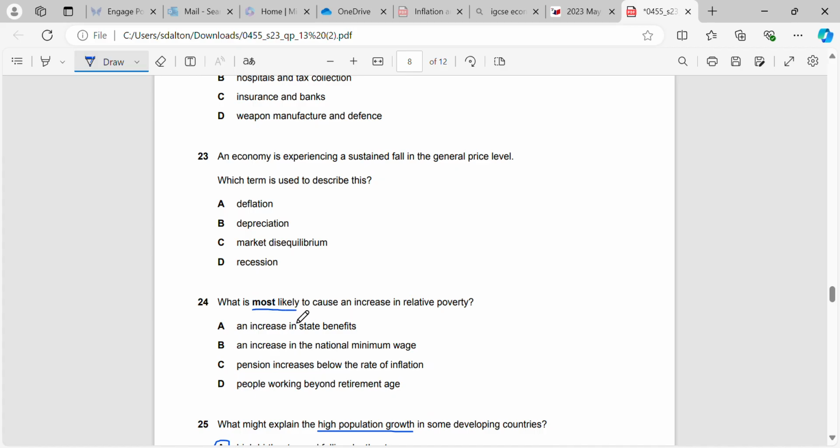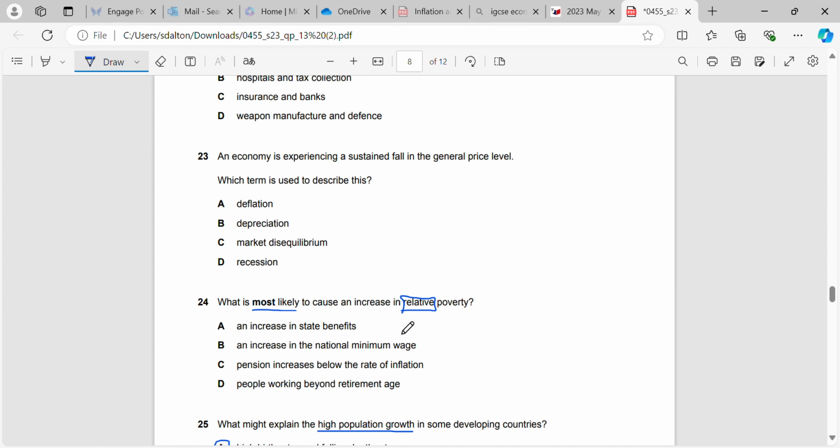Okay, question 24. What is most likely to cause an increase in relative poverty? So remember that relative and absolute poverty are different. Your chapter on poverty is in Unit 5. Slides and notes are available on the OneDrive, and MCQ and essay questions.